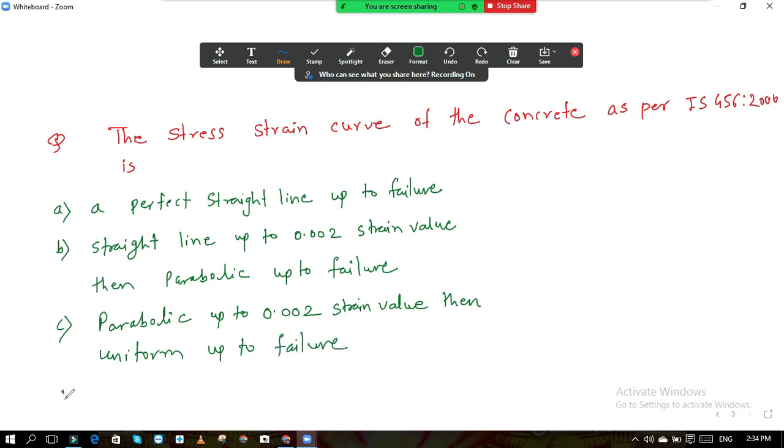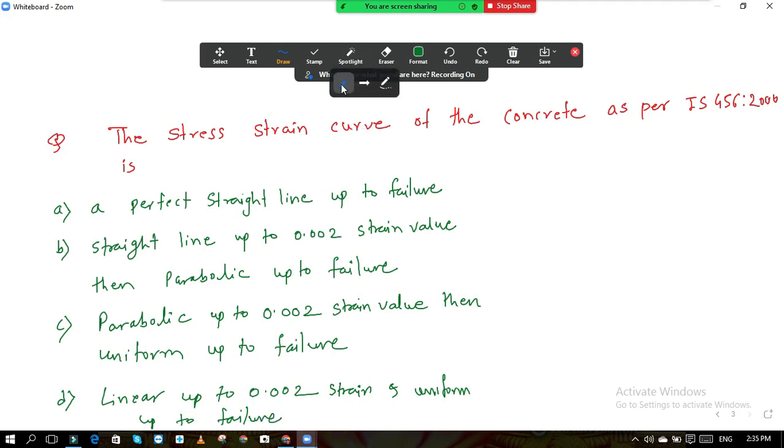And last option D is linear up to 0.002 strain and uniform up to failure. Okay. These are the options given.